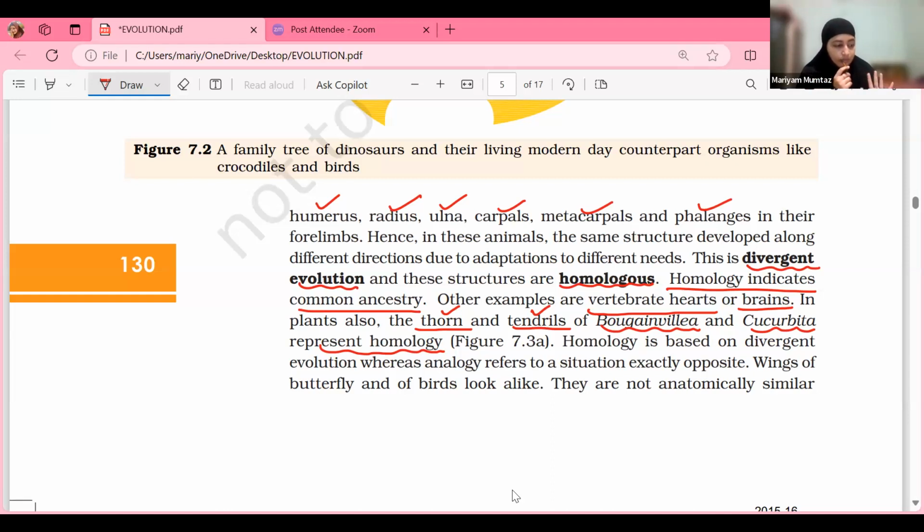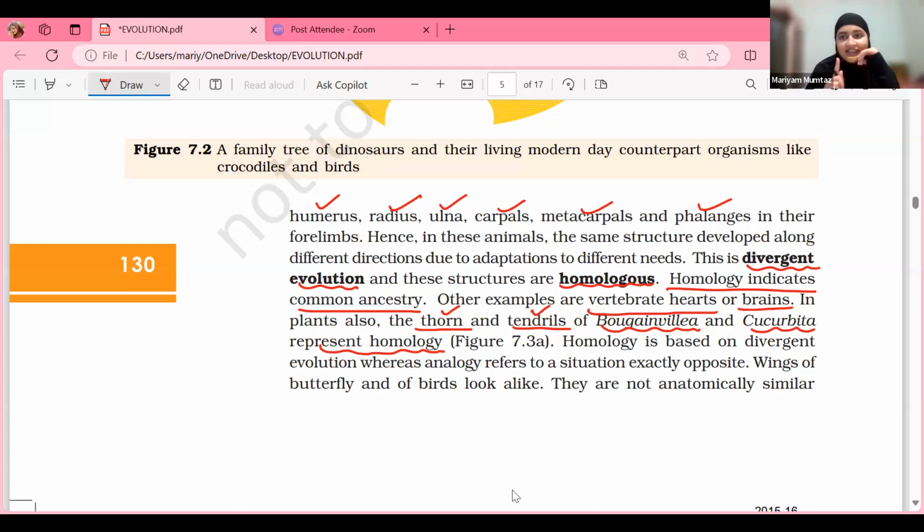So because of the presence of thorn and tendrils, this is also representing homology, and thorns and tendrils are both modifications of stem. But the thorn is an act of defense, so that if somebody comes to eat or pick the plant, the thorn acts as a defense.